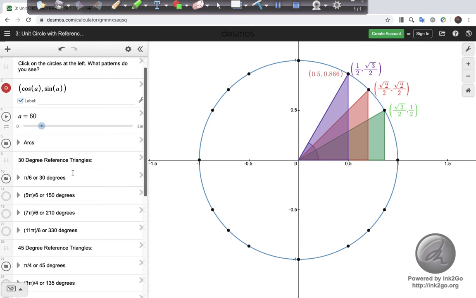And those same triangles just repeat themselves as we go around into the second quadrant. This is where things get a little bit weird, but I'm going to sort of go past the 90-degree angle, which gives us another special value at 0, 1, and follow along, continuing to rotate around to a measure of 120 degrees.